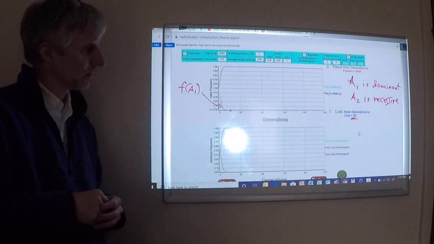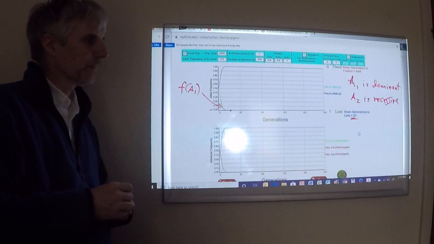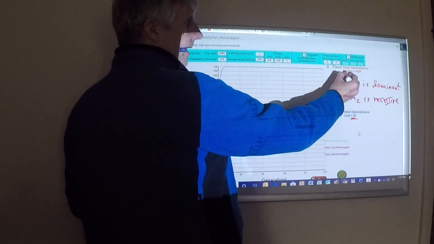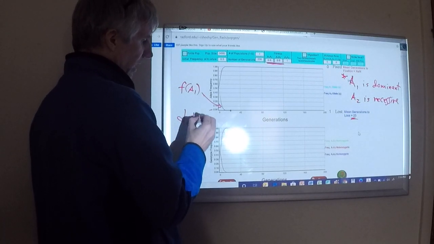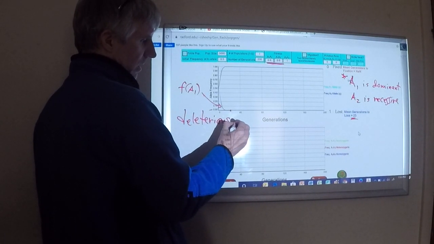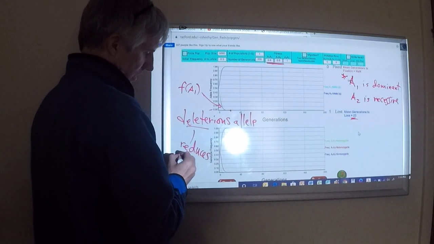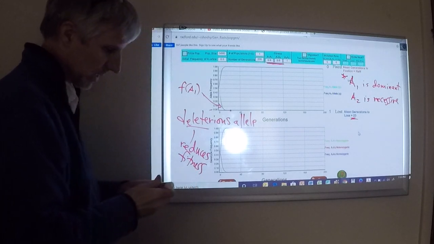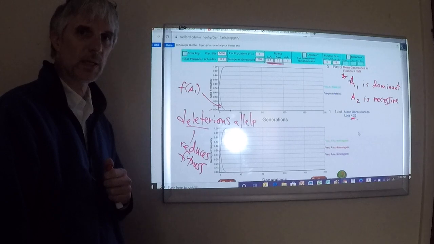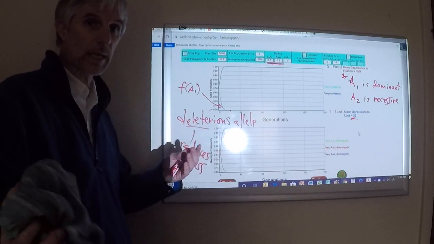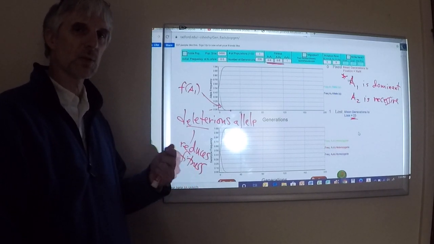Okay? Right, so it looks like if the allele is dominant, and having this allele reduces your fitness, we say that that allele is deleterious because it reduces fitness. If the dominant allele reduces fitness, what happens to its frequency in the population? Well, it disappears. Why? Because natural selection selects for the A2 allele at the expense of the A1 allele.